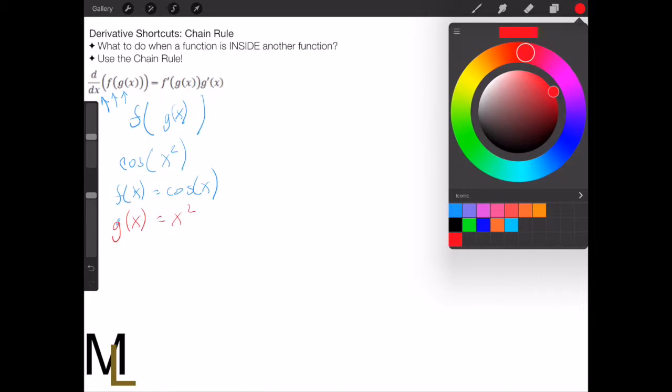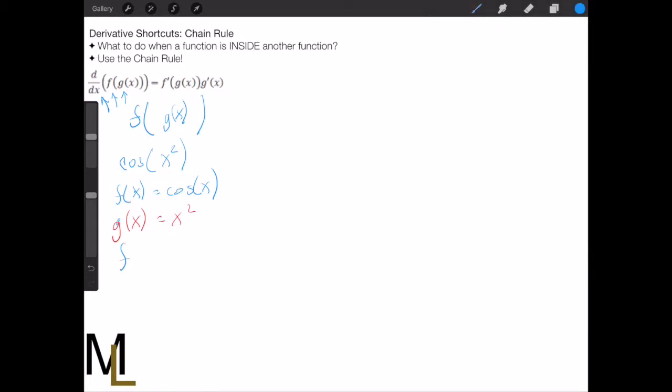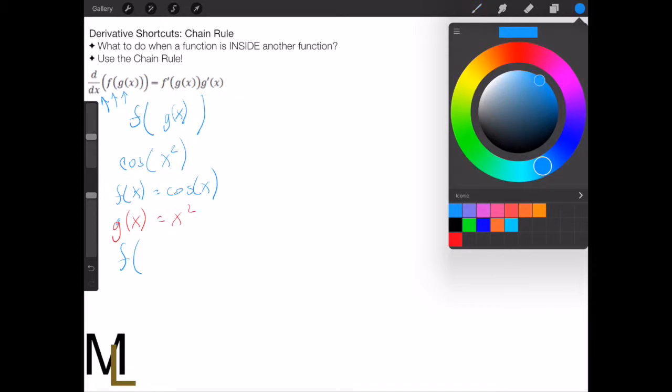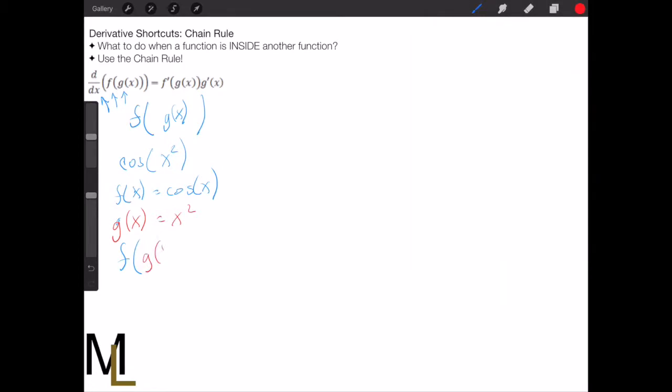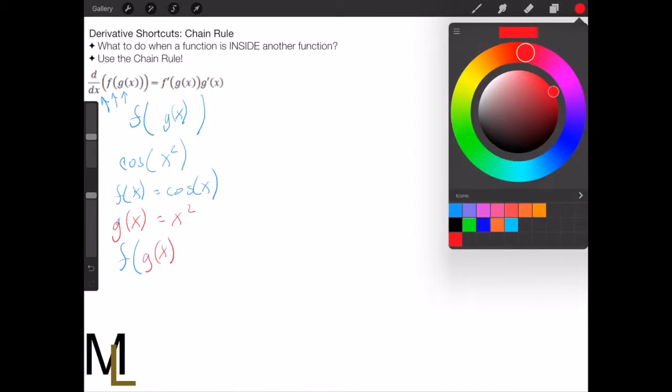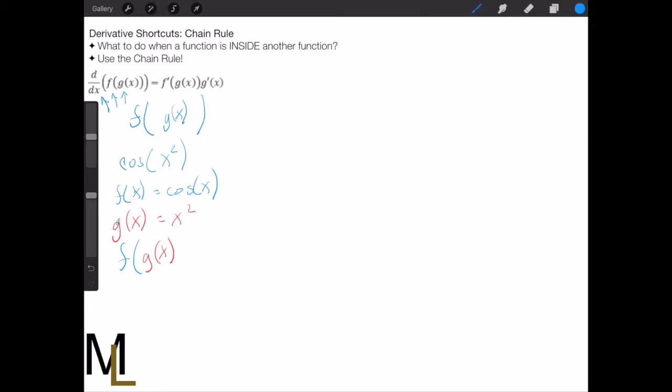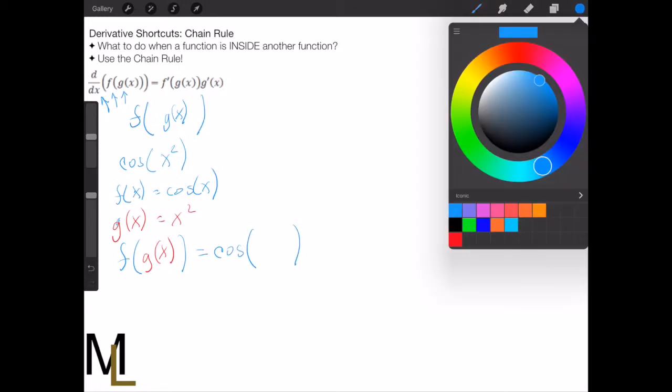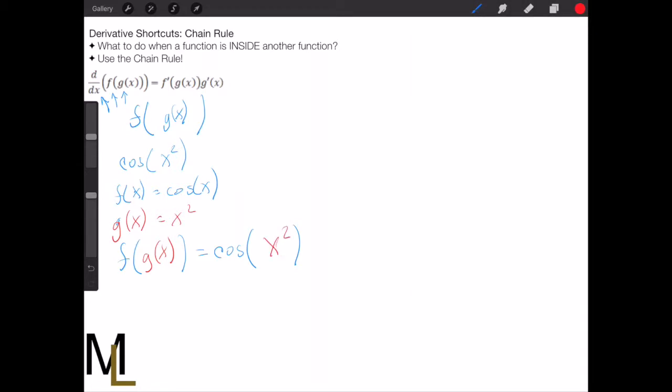And so when you take this combo of the two, f of g of x, this equals cosine of, and then what goes inside? Well, not x, but x squared. And hopefully you can see that this would be very powerful.